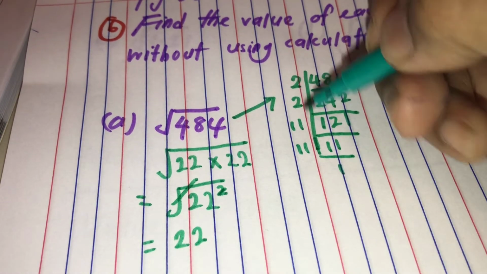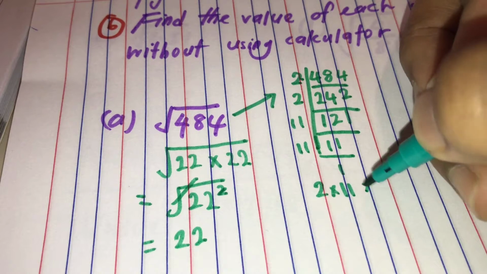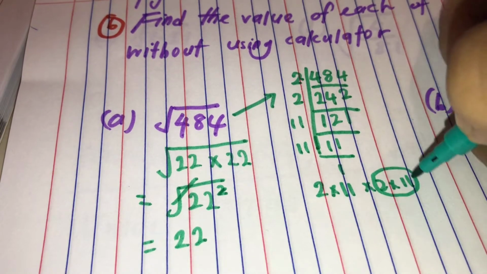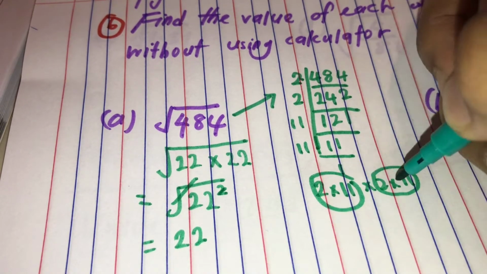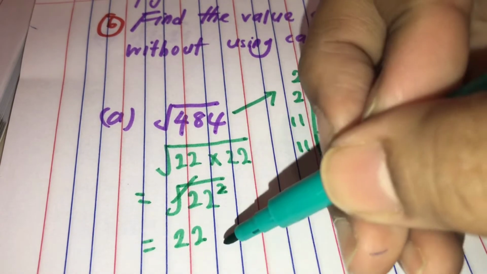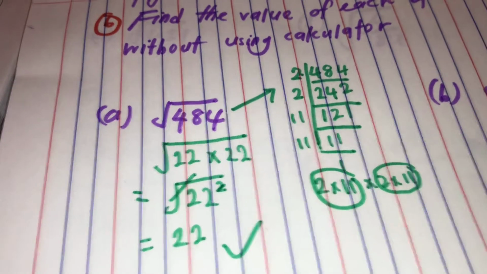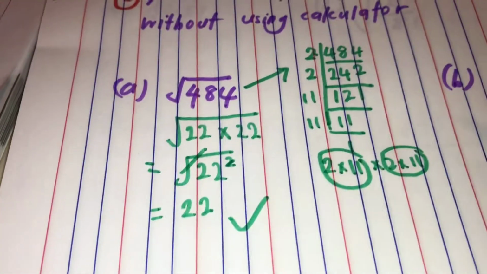So you can pair this, right? 2 times 11, 2 times 11. This one is identical. So 2 times 11, 22. You will get 22, the answer.